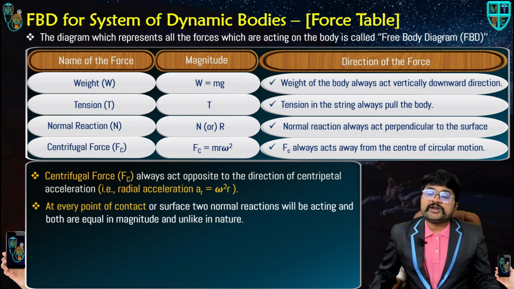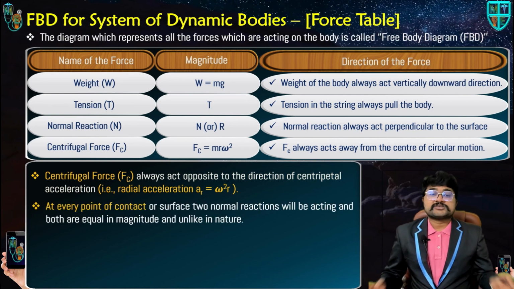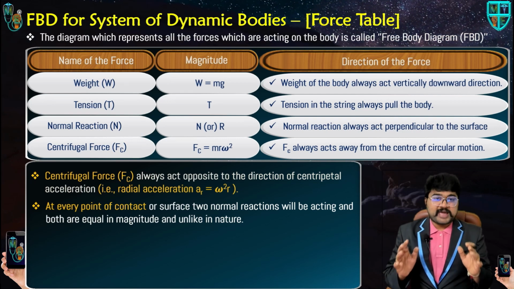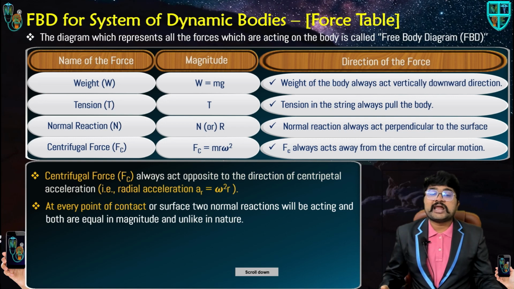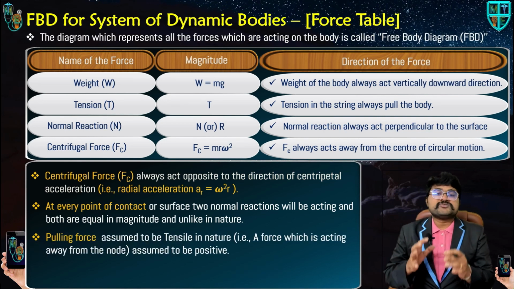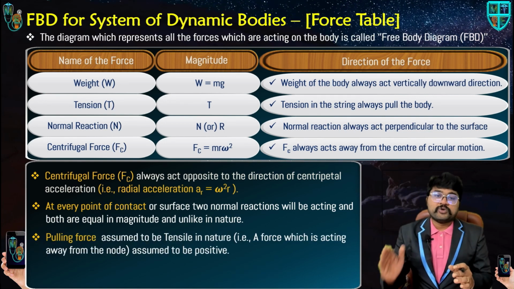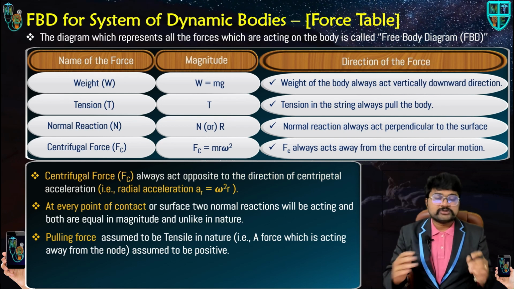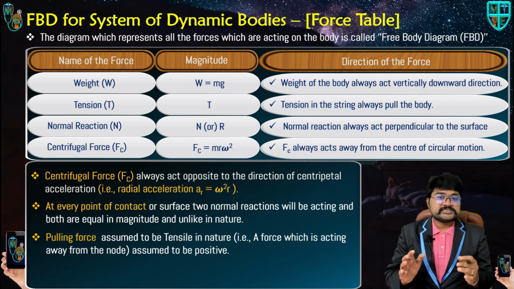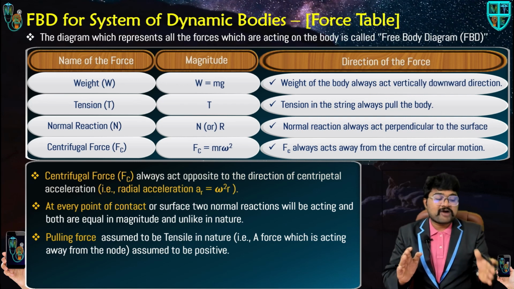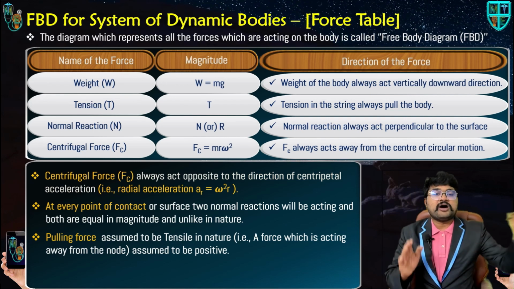At every point of contact or surface, two normal reactions will be acting. Both are equal in magnitude and unlike in nature. A force acting away from the node is assumed to be positive, that is tensile in nature. Pulling force means the force acting away from the node, pulling the node.